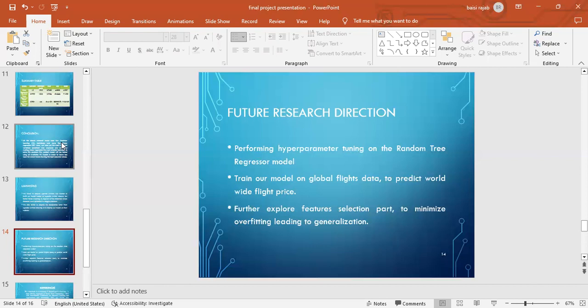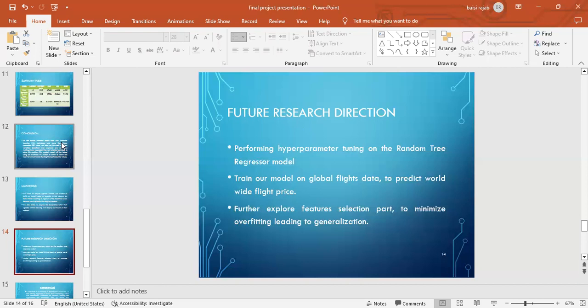Then we want to train our model on global flight data instead of just concentrating on Algerian Airlines. We want to train our model on global flights, whereby our model can predict a ticket price in Europe or in Uganda or in Kenya, everywhere.